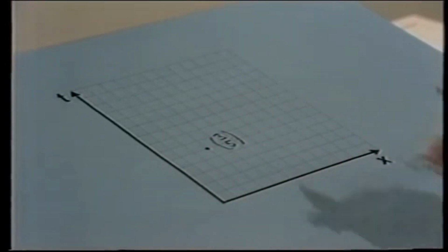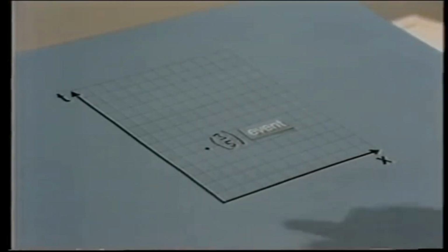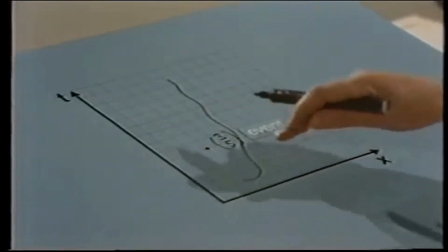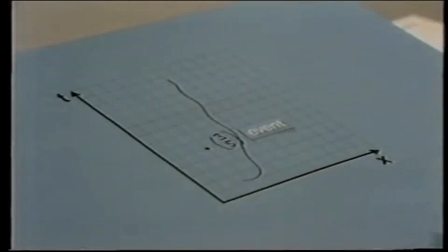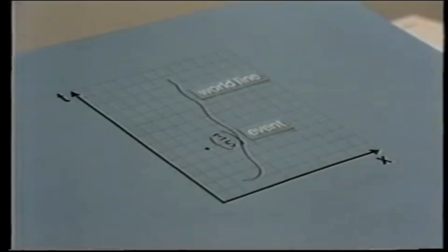Now notice I used the word event. That's the technical word for a point in space and time. Now, what about a curve? Well, that's just the trajectory of a particle moving along in space and time, and the technical word for that is world line. Now, of course, I'm stationary with respect to my coordinate system at the origin, so my world line is simply the t-axis.